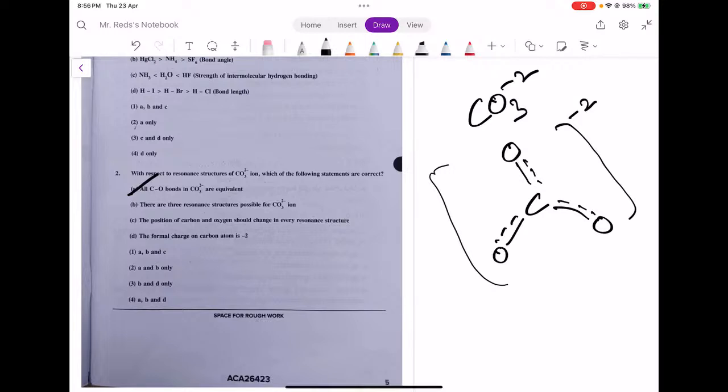There are 3 resonance structures possible for the CO3 2- ion. This is also correct, students. Why? Because C double bond O, oxygen O minus. What is the resonance displacement of pi bonding electrons?